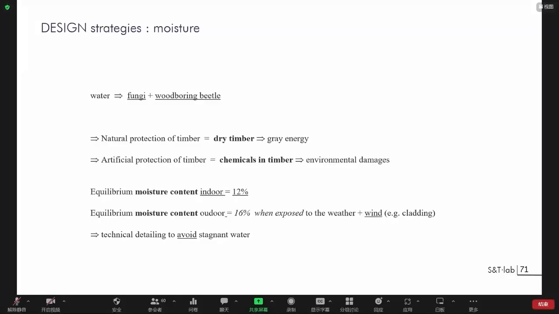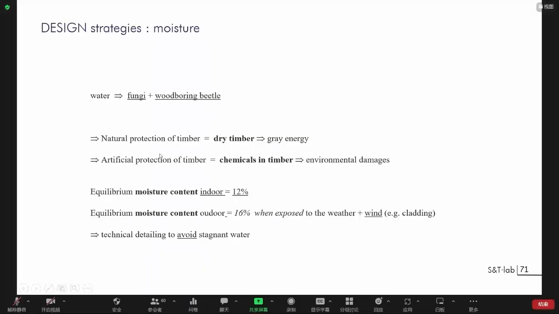So what about the strategies? You know that water is attracting fungi and also wood boring beetles, but also that water will impact the structural behavior. So you have to make a choice. If you want to just protect your timber, you have to dry timber, and that will raise the grey energy.